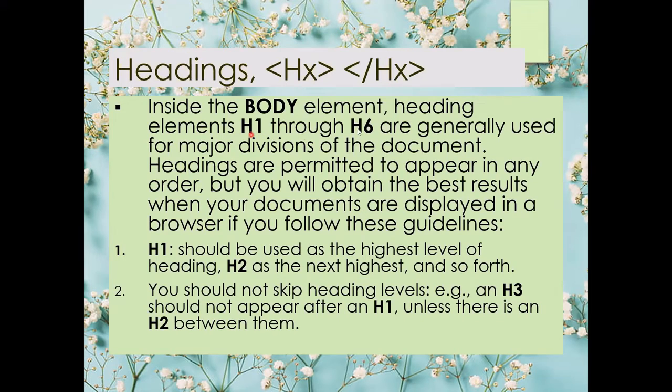HTML supports H1 to H6. Gradually the sizes are decreasing. H1 is the biggest one, so the text size will be bigger for H1. And H6 will be smaller comparatively to H1. So there are 6 kinds of heading tags. All of them come with the bold feature. Obviously, appearance differs.